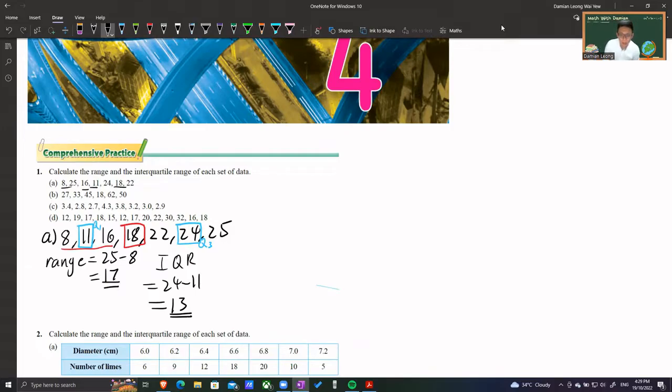That's for part A. Part B, same thing, arrange in ascending order. So 18, 27, 33, 45, 50, 62. Middle of it is right in between. If I want to find the median, then I add these two together, divide by 2. But I don't need to find the median, I just need the lower quartile and upper quartile.